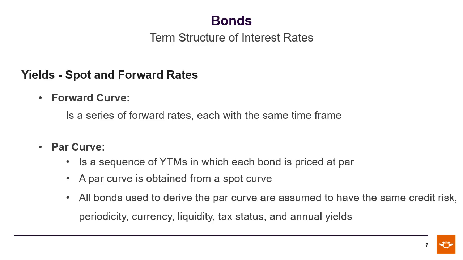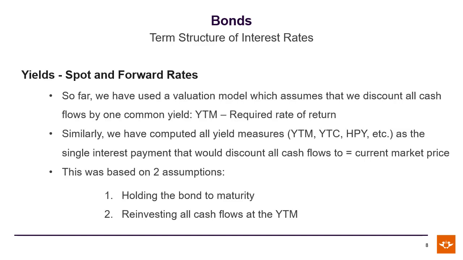Now, up to this point, when we have valued a bond, we assume that we discount all the cash flows by one common yield, the yield to maturity or required rate of return. Similarly, we have calculated all yield measures, yield to maturity, yield to call, holding period yield, and so forth, as a single interest payment that would discount all cash flows to the current market price.